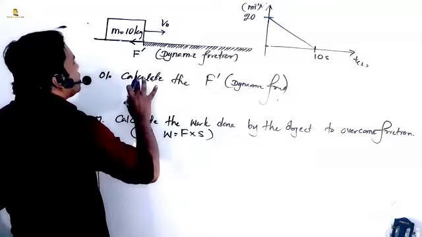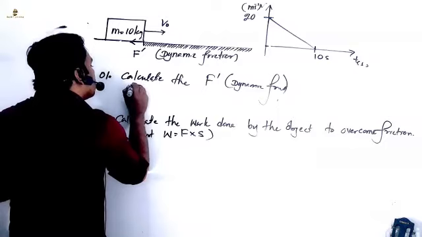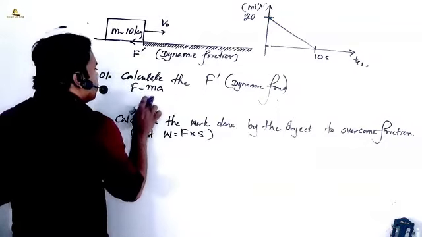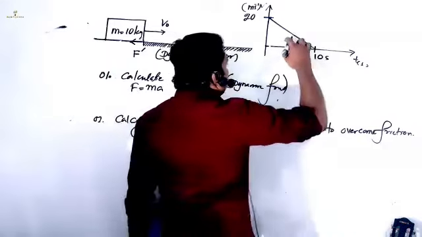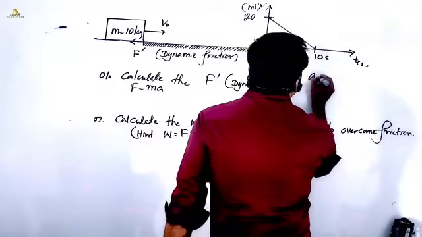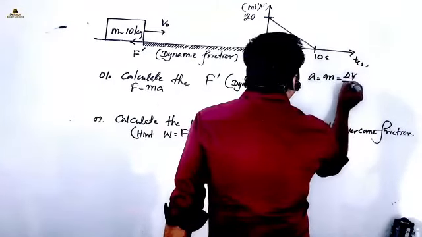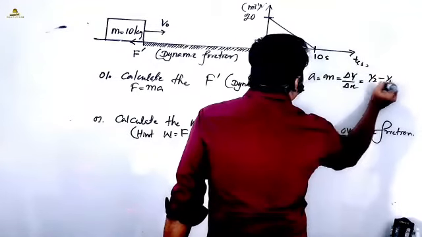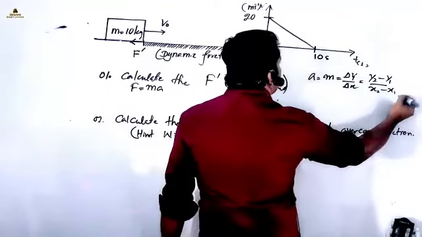So you can simply calculate external unbalanced force equals mass into acceleration. Yes, but you don't know this acceleration. Therefore, acceleration equals gradient. Gradient equals delta y over delta x. That means y2 subtraction y1 over x2 subtraction x1.